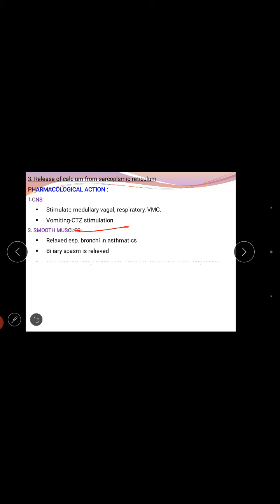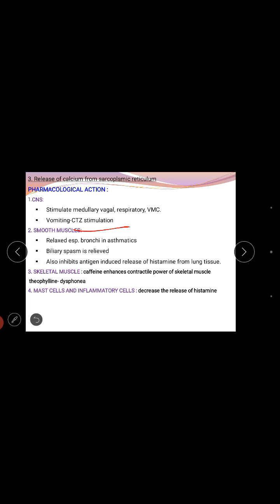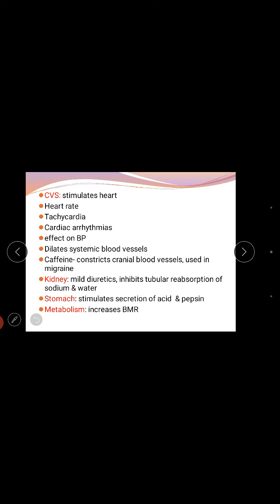Biliary spasm is relieved. It also inhibits antigen induced release of histamine from lungs. In skeletal muscle, caffeine enhances contractile power. Theophylline causes dyspnea, difficulty in breathing, due to this. Mast cells and inflammatory cells decrease the release of histamine.